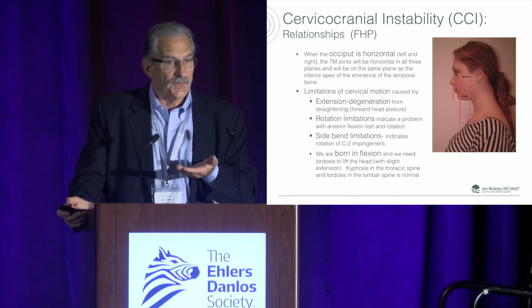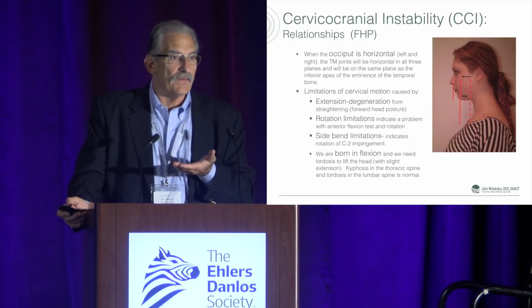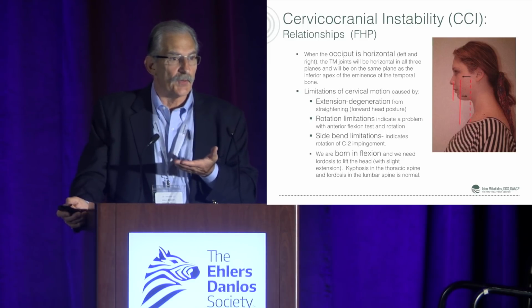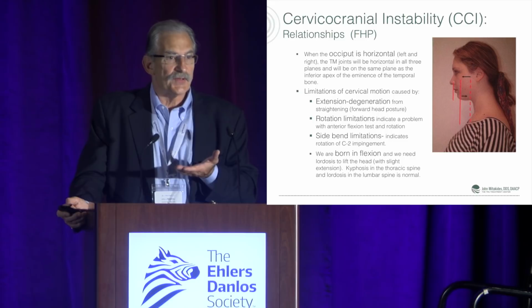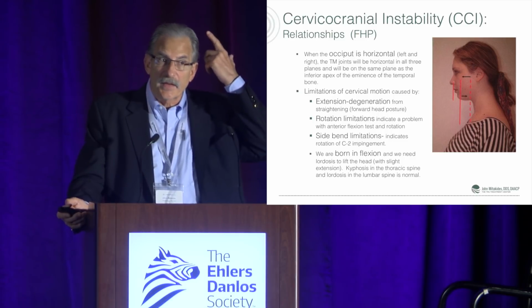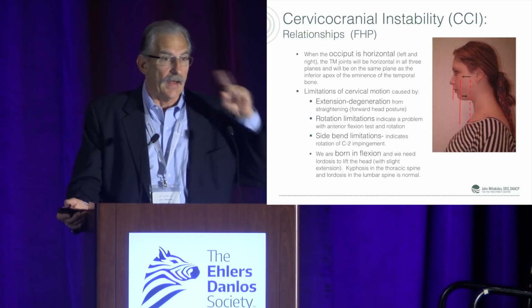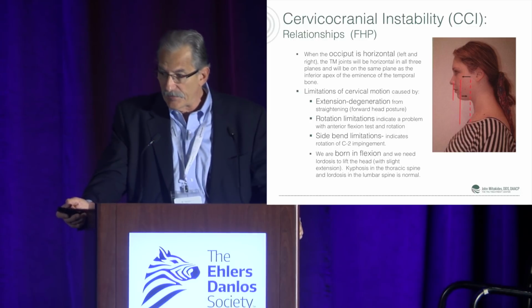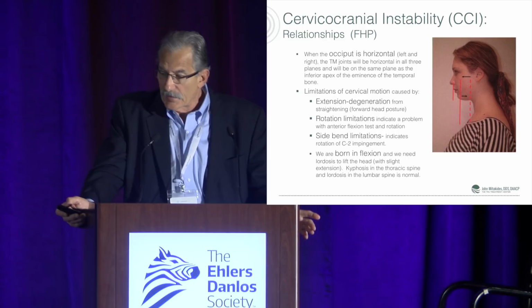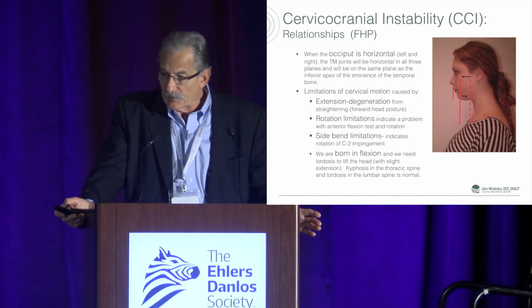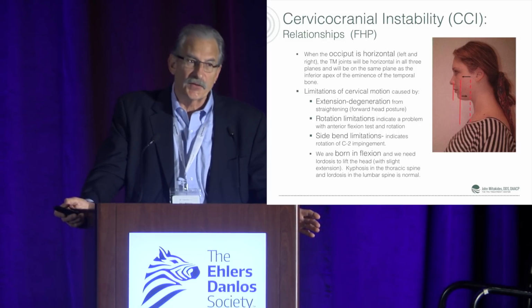There are muscles and nerves that come off of that, obviously, and the nerves that actually give you the most fun are what they call the occipital nerves. The head position and the constriction of that occipital nerve will actually give you pain up the back of the head and, believe it or not, over the eye. And we're going to talk about that in a minute, too. If you're born in flexion, we've got to straighten you up a little bit.